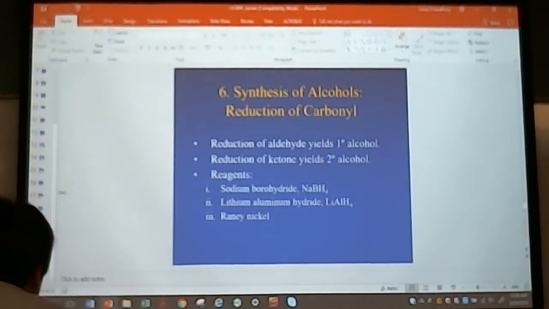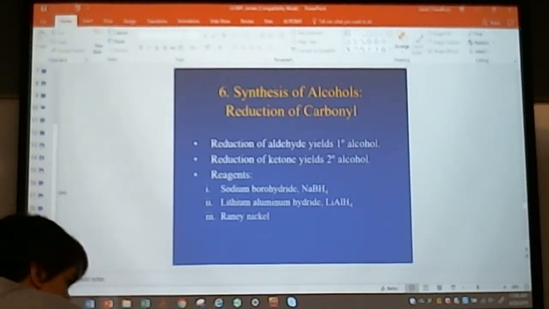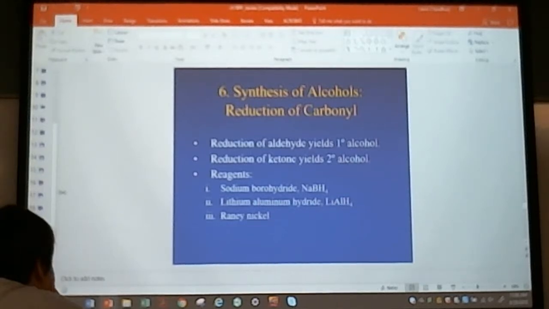Initially we reviewed ways of making alcohol, a simple reaction using hydroxide, adding water across a double bond, and all of these things. And then this new one using a Grignard or an organometallic. Now we're going to look at yet another way of making alcohols, and that is reduction of a carbonyl.